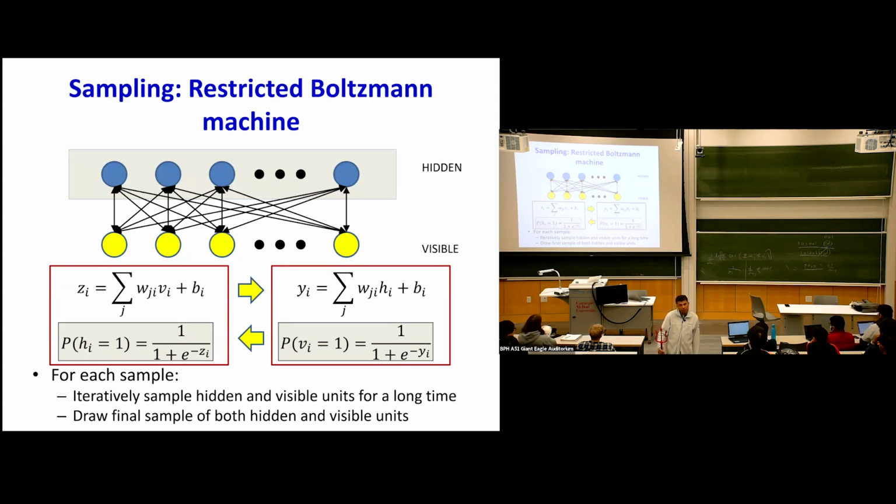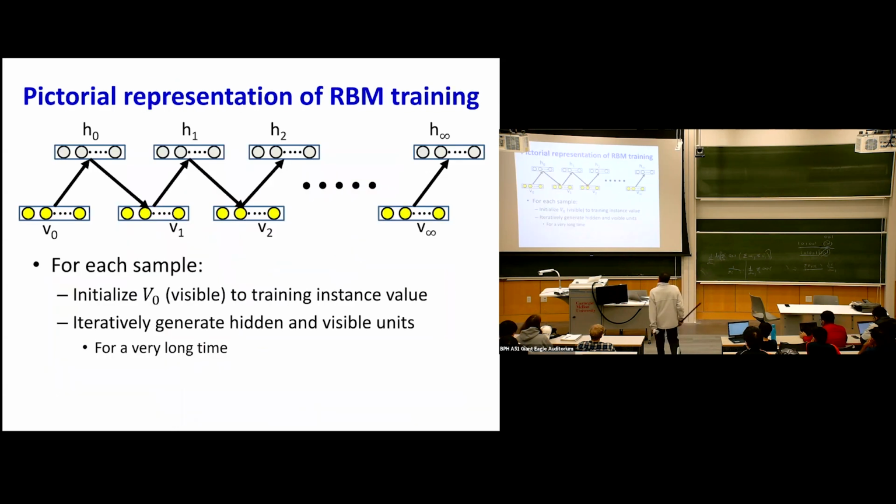Then you fix the hidden units, and then you go back and re-estimate or redetermine the visible units, because you're letting the entire network evolve. Then given those visible units, you go and sample the hidden units and keep repeating this process. So the way it would work is that you'd fix your visible units. From those, you'd read the hidden units. From those, you'd read the visible units. From those, you'd read the hidden units, and so on.